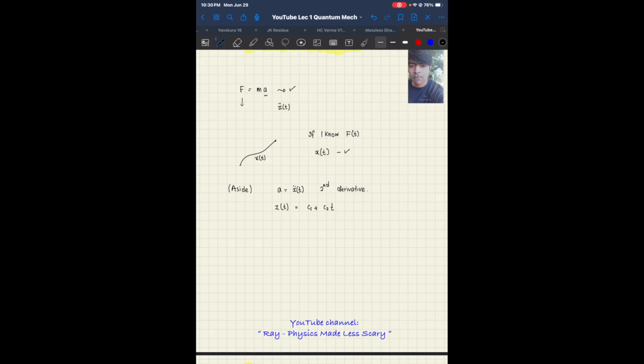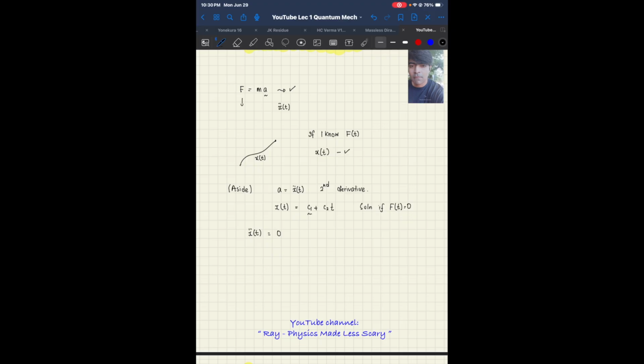For example, this is the solution if f of t is 0. How do I know this? Well, if I take the second derivative, I get 0.